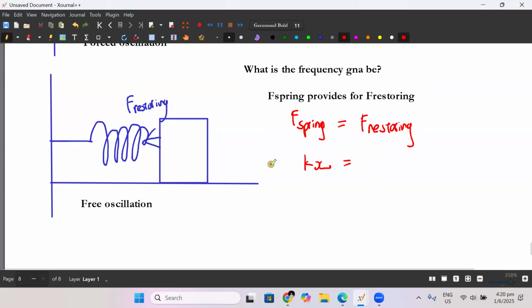equals, by the way, if you want to care about the negative sign, you can. So I'll do that here because remember that for Hooke's law, the tension is always in the opposite direction from the displacement. So there's also a minus here. Then F restoring is ma, and remember, acceleration in SHM is going to be this.